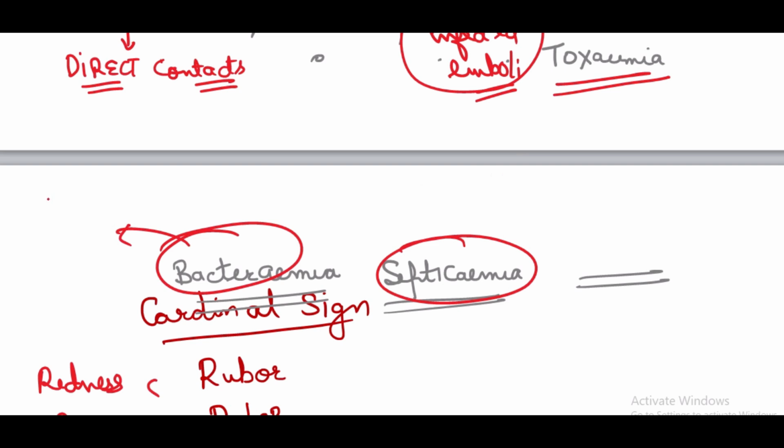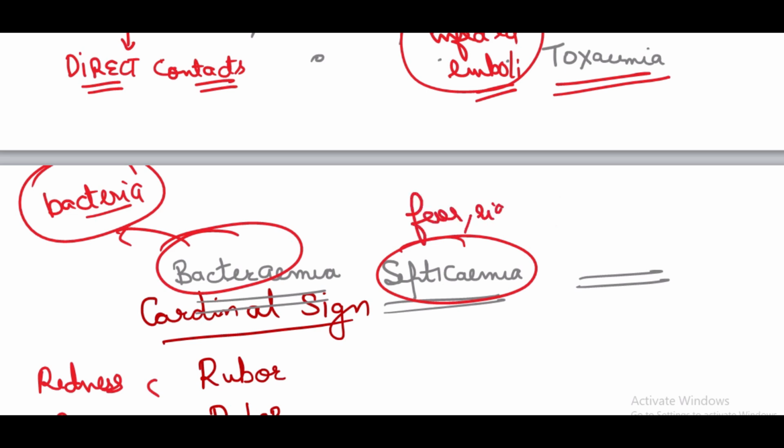So bacteremia indicates the presence of circulating transient bacteria in the bloodstream, whereas septicemia is characterized by bacteria in the blood causing a clinical manifestation like the fever, rigors, hypotension. So that requires treatment to eliminate the bacteria from the blood.